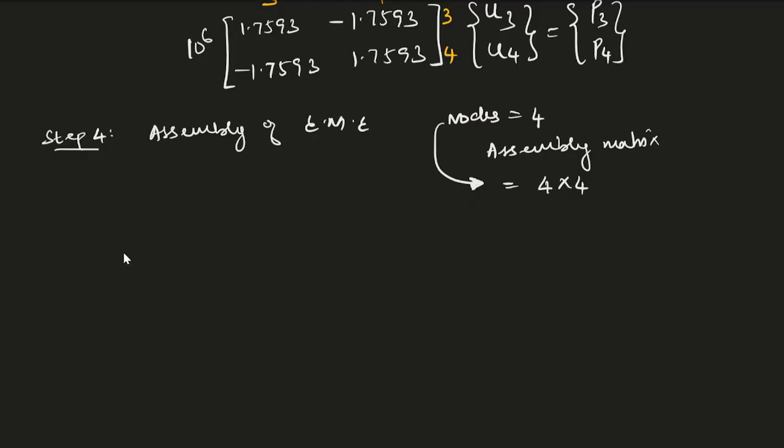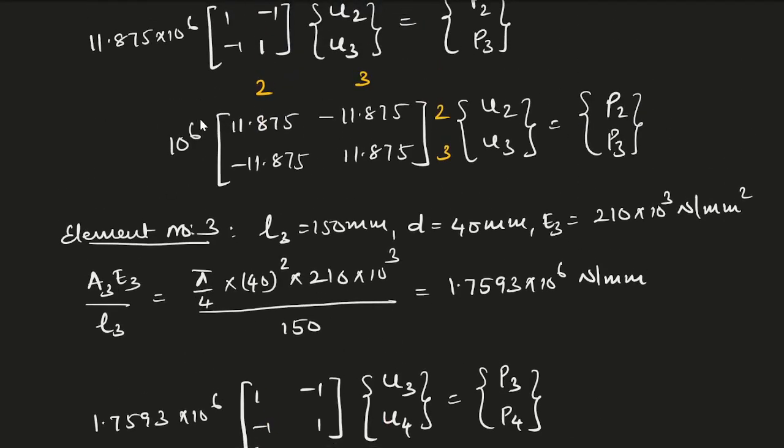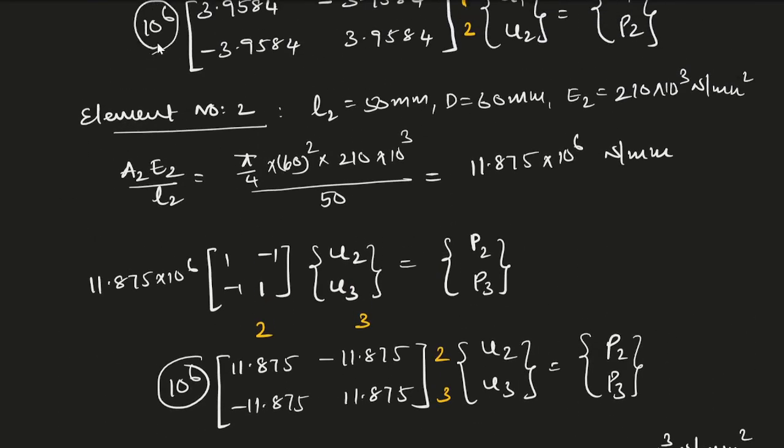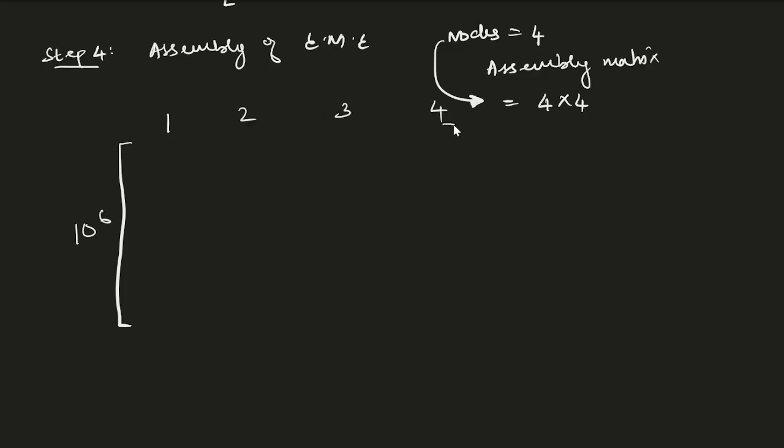If you see, in the entire element matrix equation, we have 10 power 6 as common. So we will keep the 10 power 6 outside the matrix. The matrix will be 4 by 4, with rows 1, 2, 3 and 4, and columns 1, 2, 3 and 4.